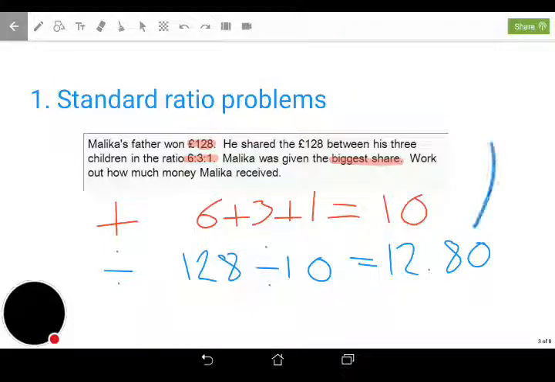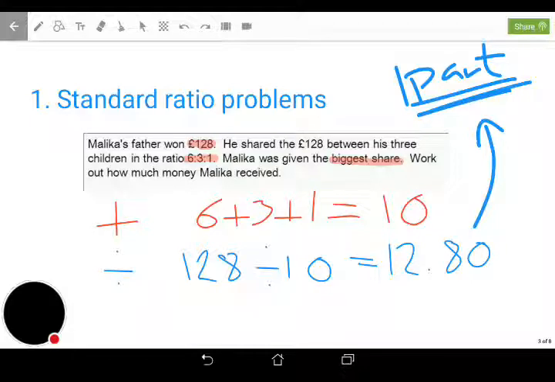That is one part. In every ratio question, we want to find one part. When we find one part, we therefore know every other part within that ratio. The last part is to find Malika's share. It says she was given the biggest share, so she has 6.